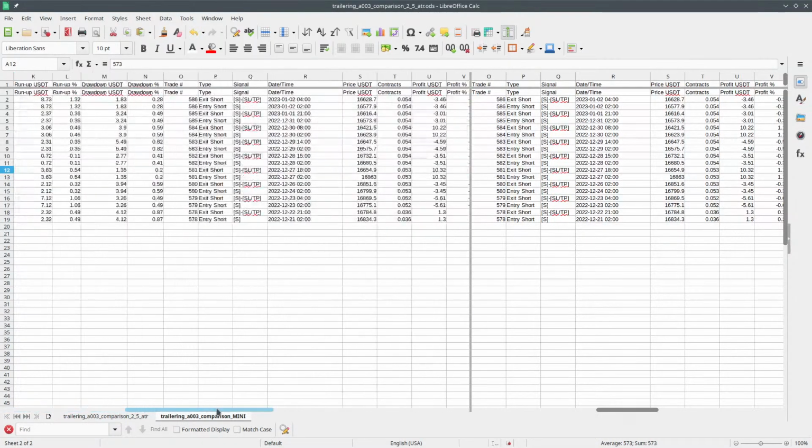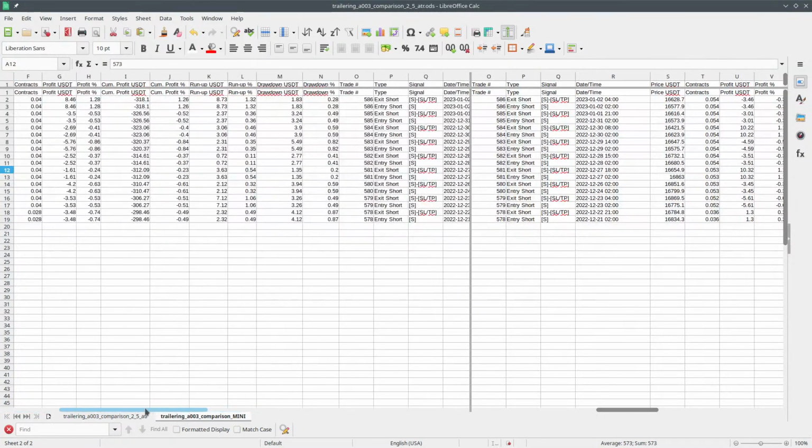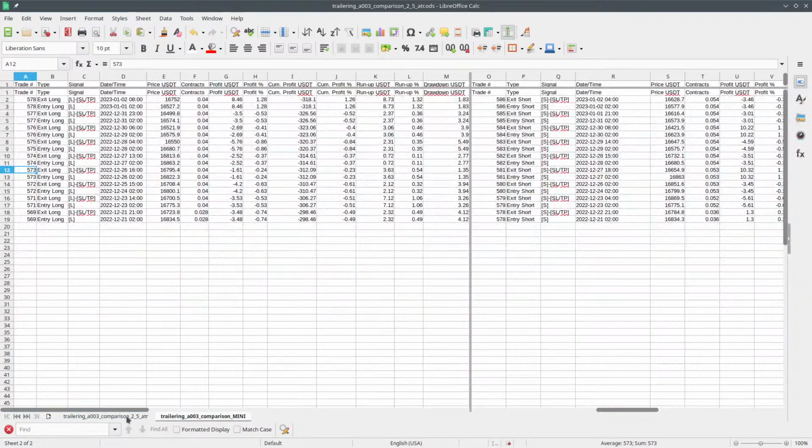The trade. Okay, so if I'm not mistaken, what I want to do is entry short, S6 short.